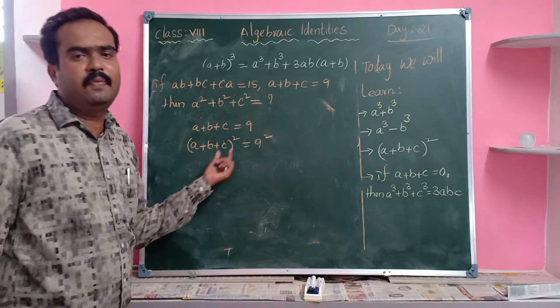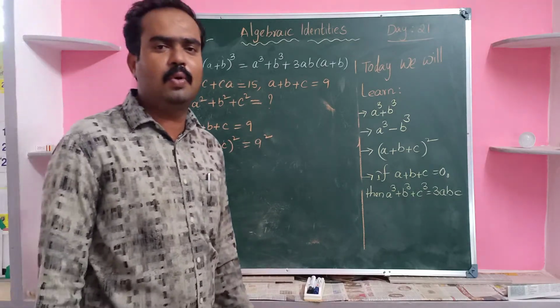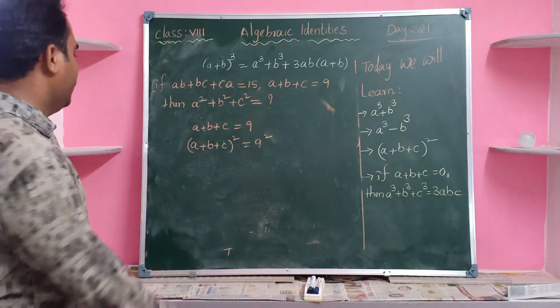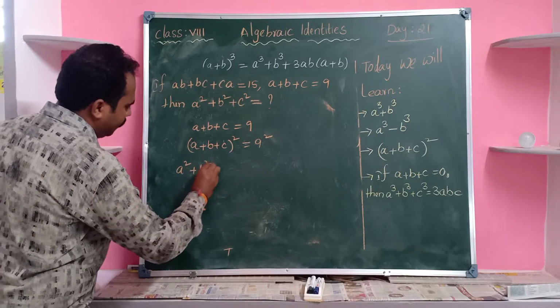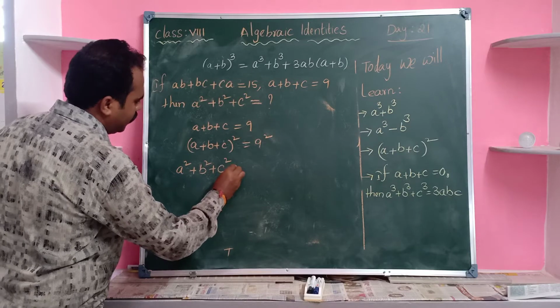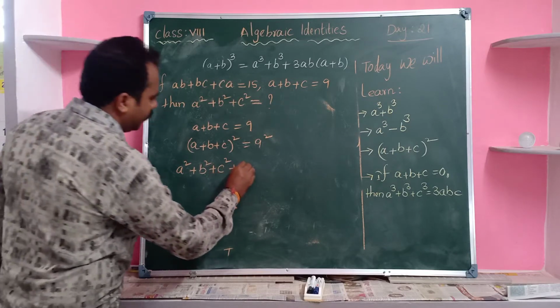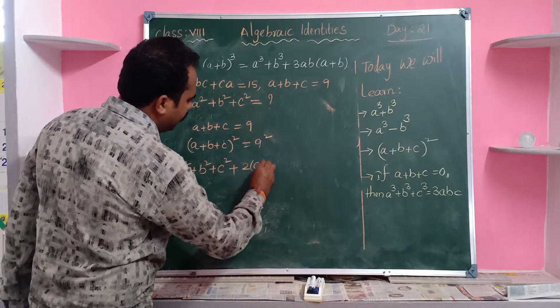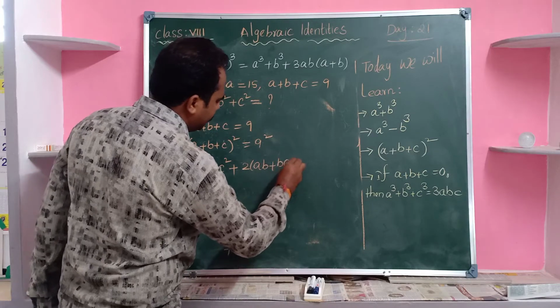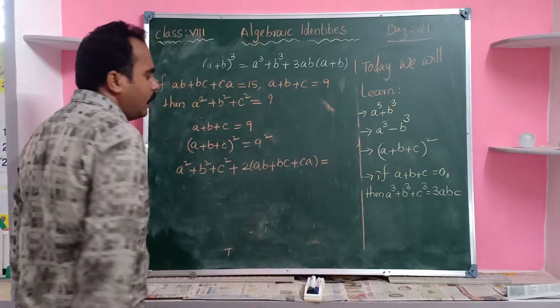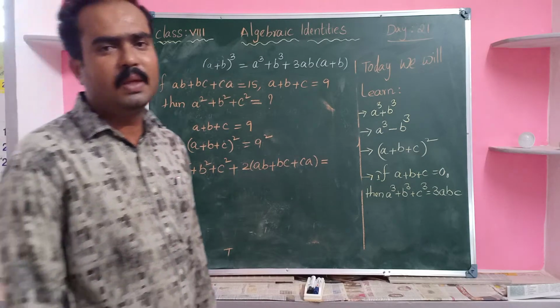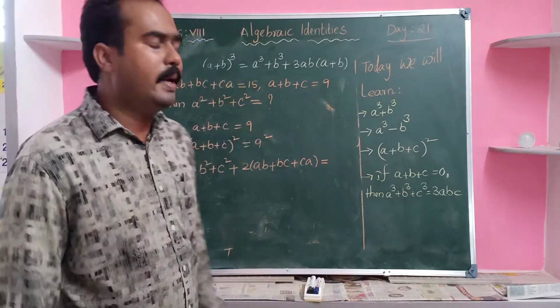What is the formula for (a plus b plus c) whole square? a square plus b square plus c square plus 2 into (ab plus bc plus ca) is equal to 9 square. What is the 9 square value? 9 into 9, 81.